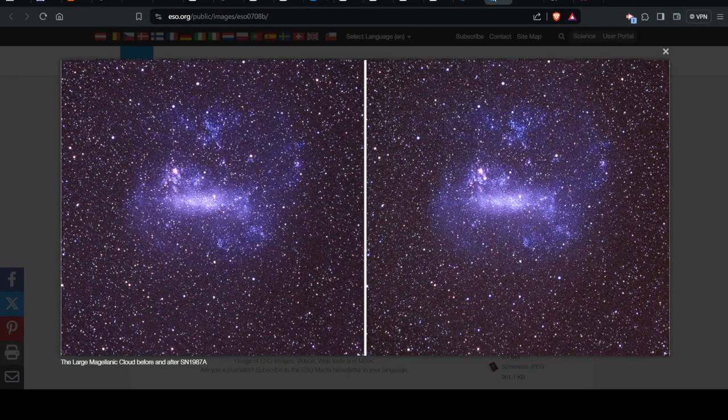And then this is just a before and after picture of the Large Magellanic Cloud. On the left here is our before picture, and let's see, I'm trying to see where, because what we're looking at is going to be in this corner up here. I'm circling with my cursor if you're watching, but this is the Tarantula Nebula.